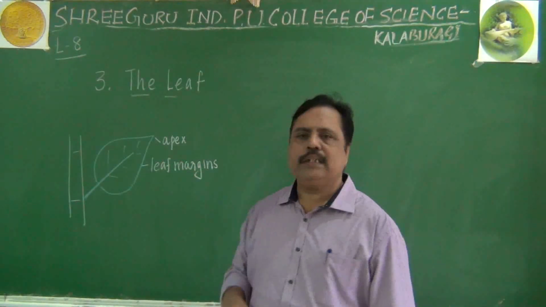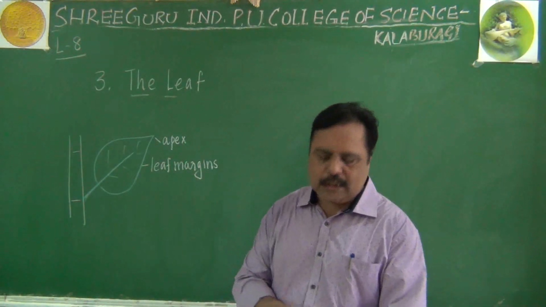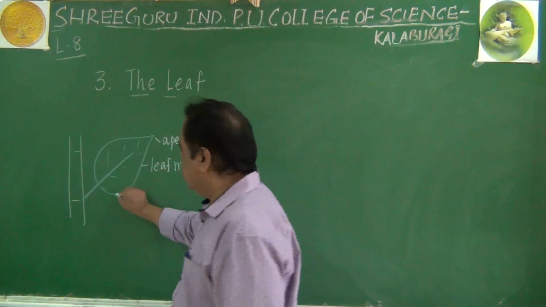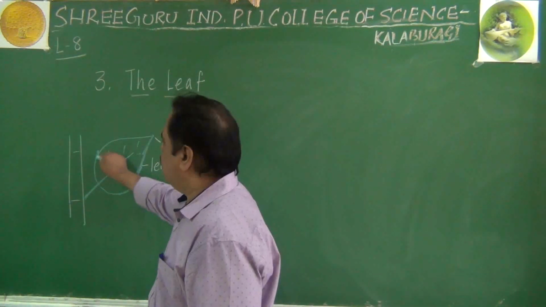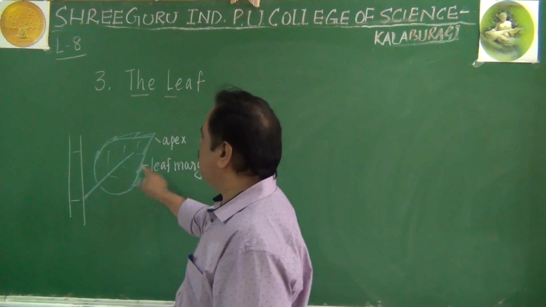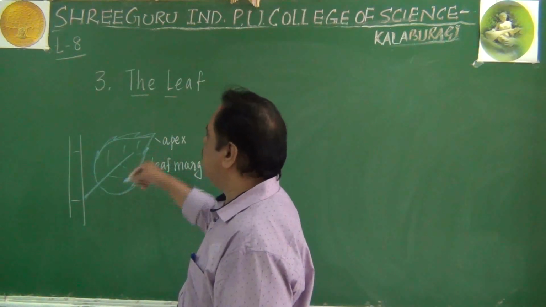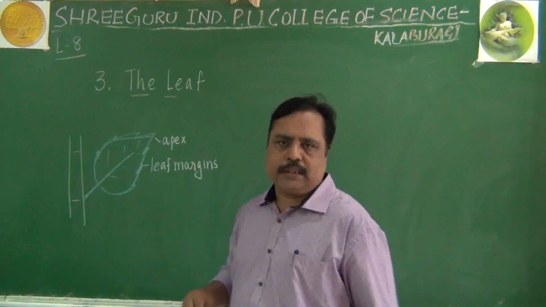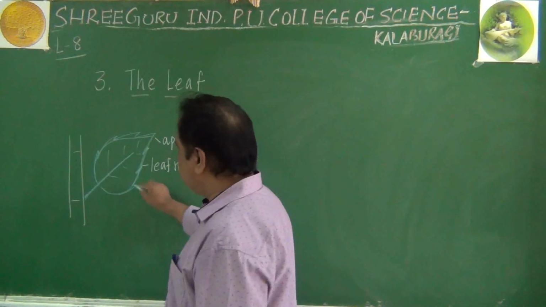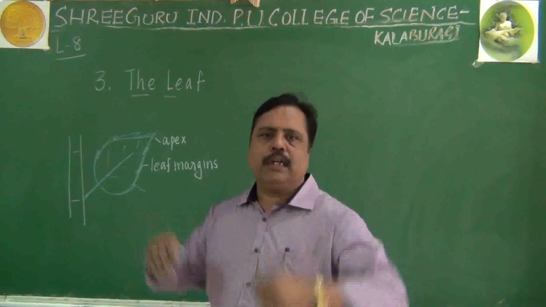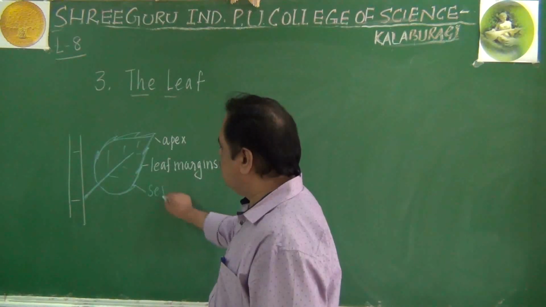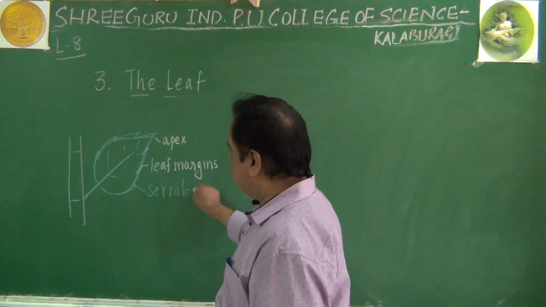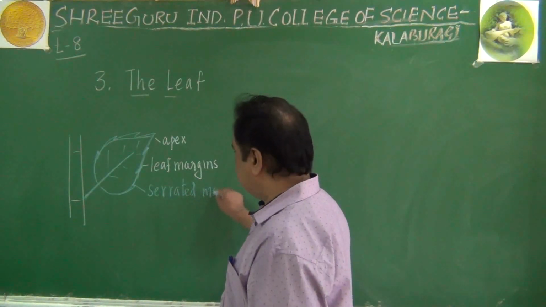In some of the cases like neem and other things, the leaf margin will be extending like this also. In hibiscus, neem and all, you could come across this type of margins. These margins which are exhibiting teeth-like cuts, they are called serrated margin. These are called serrated margin.